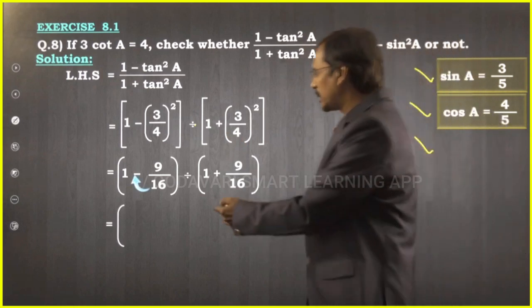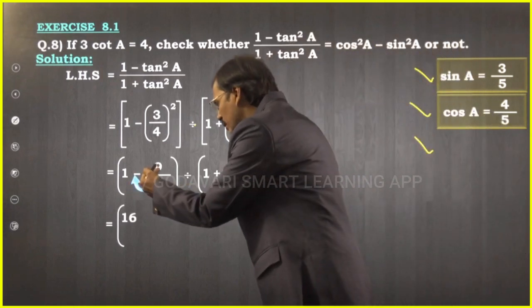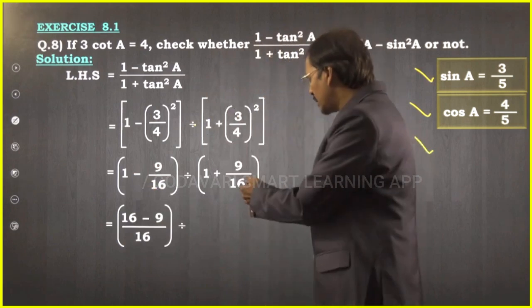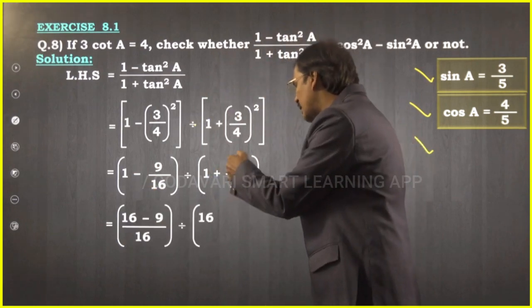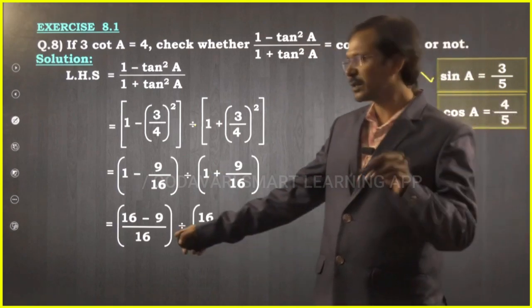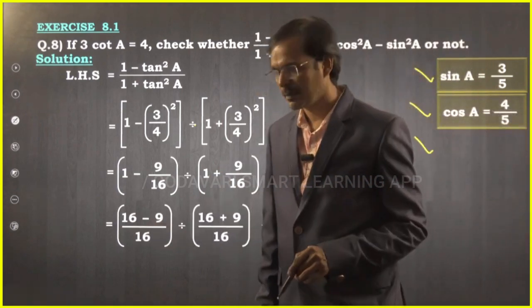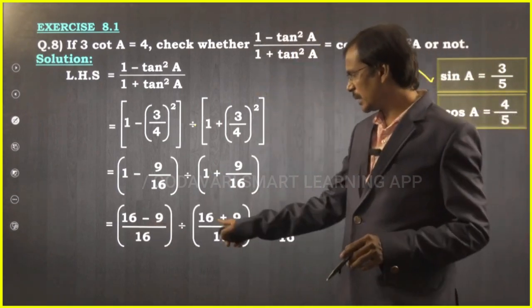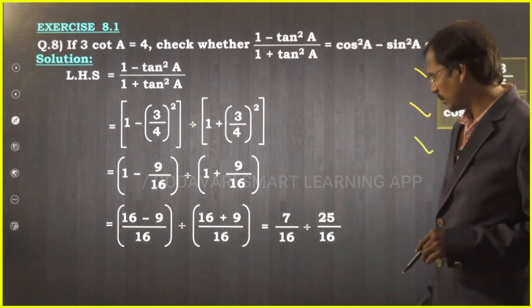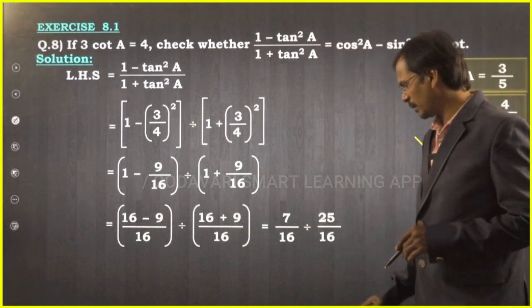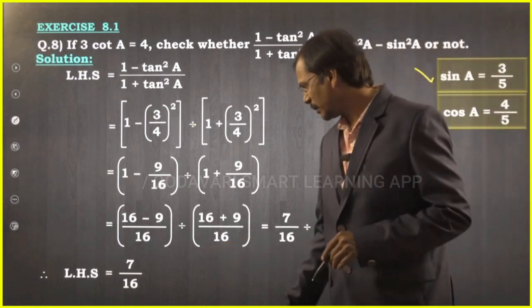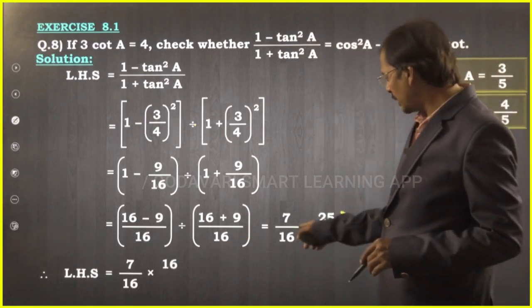That is 16 into 1 minus 9 by 16 divided by 16 into 1 plus 9 by 16. 16 minus 9 is 7 by 16 and 16 plus 9 is 25 by 16.